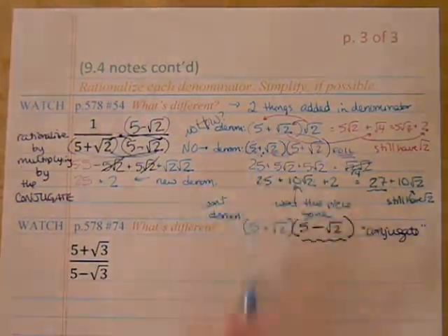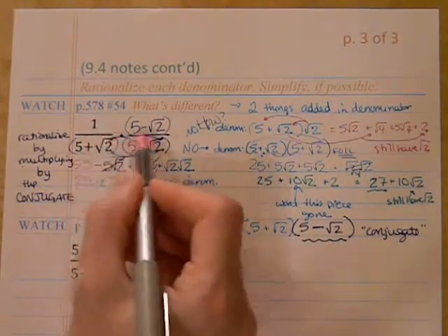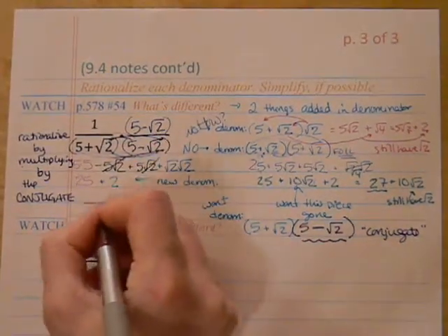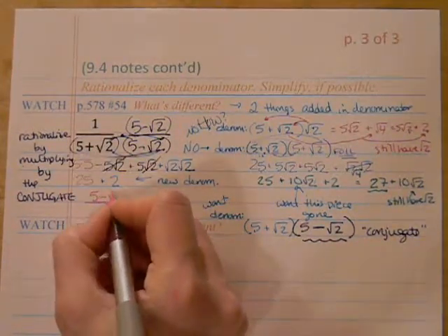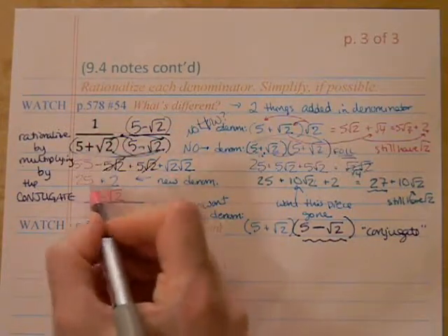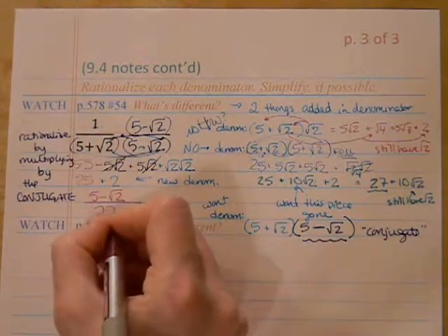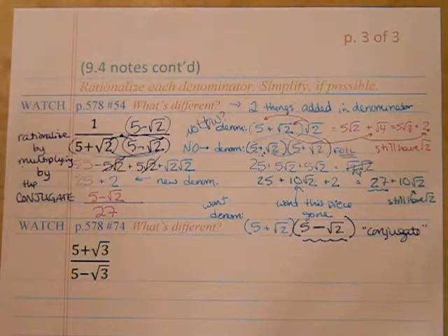It's our rationalized denominator. So in this case, we've got 1 times 5 minus radical 2 on the top, which is just 1 times anything, doesn't change it. So you just end up with 5 minus radical 2 on the top, because we were multiplying by 1. And on the bottom, we have our 25 minus 2. And so that's the rationalized version of that one.